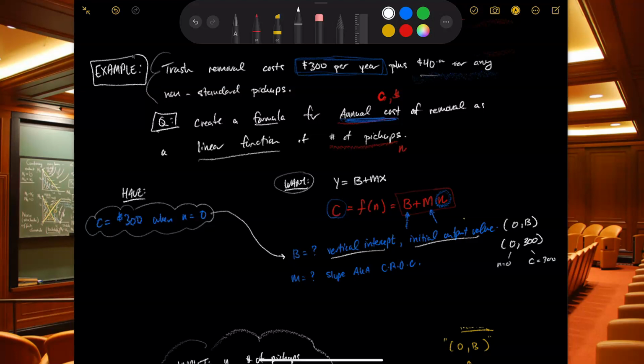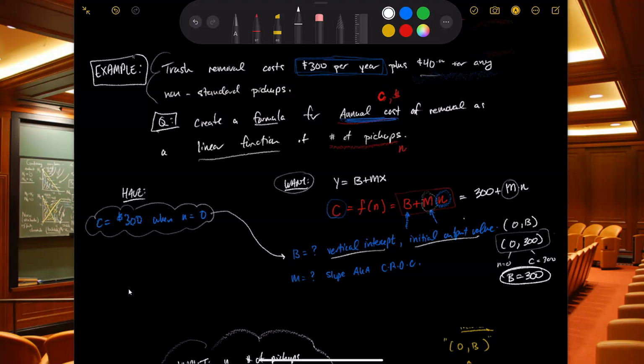So this is my b value, 300. So we can update our problem here: 300 plus m times n, and now we're on the hunt for m. Looking for this value here.